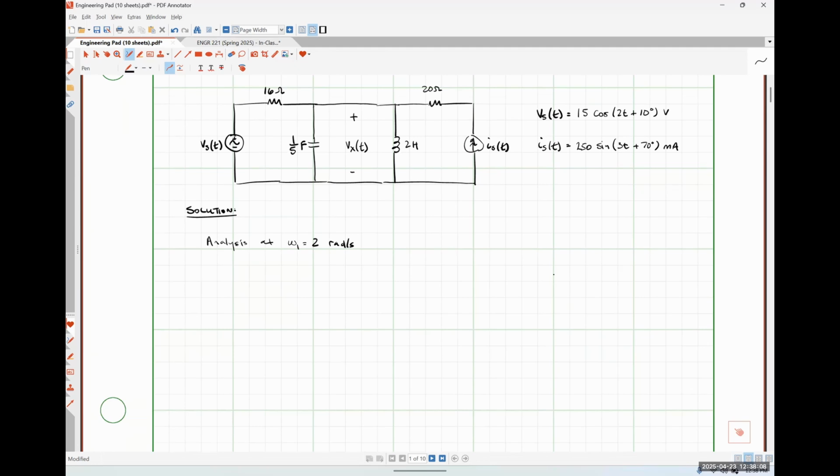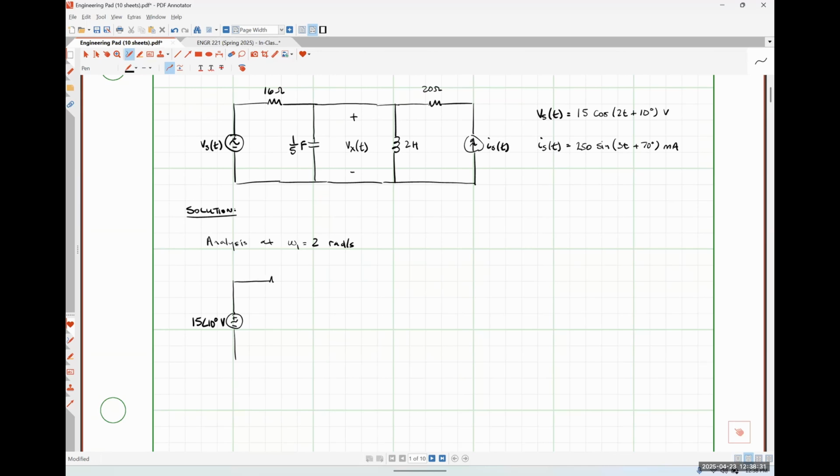So the circuit that we are analyzing is going to look like this. I'm going to draw it in the frequency domain. So I'm going to use the phasor representation of my voltage. So that would look like 15 angle 10 degrees volts.